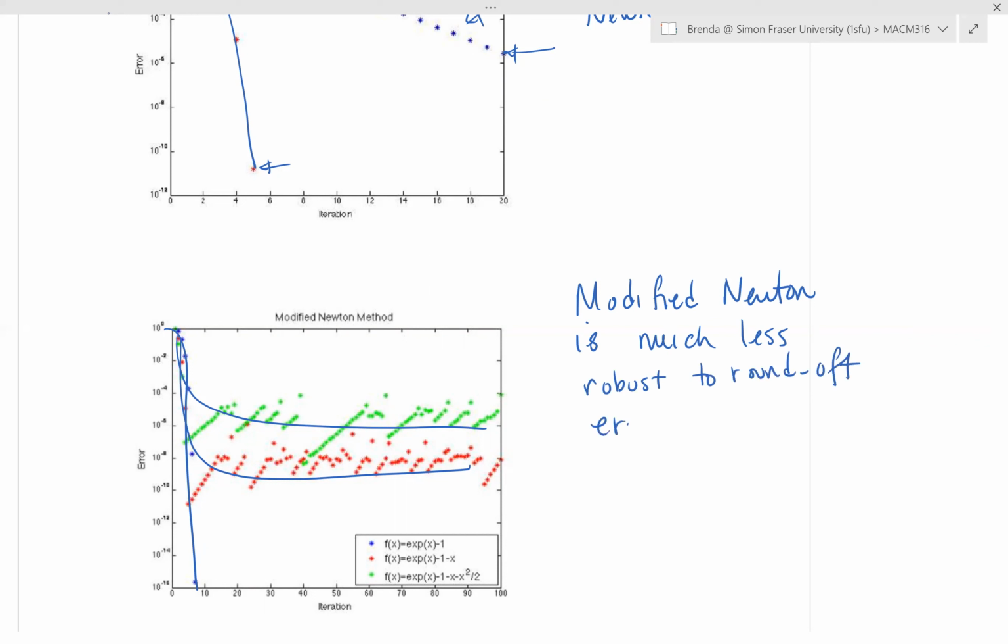That's because you're making a lot more calculations. So it's not really a failure of the method. I mean, it is a failure in the sense that you can't get as accurate, but it happens in general.